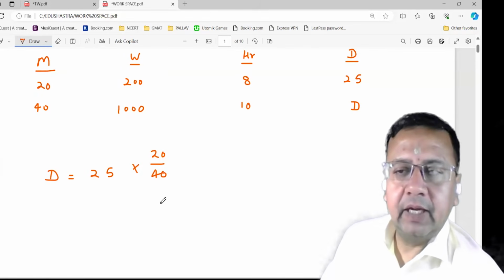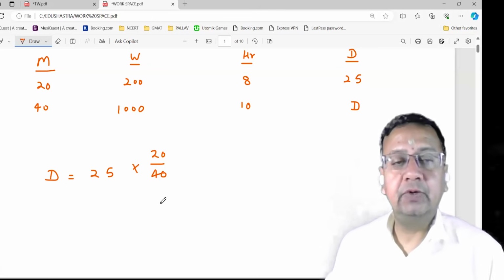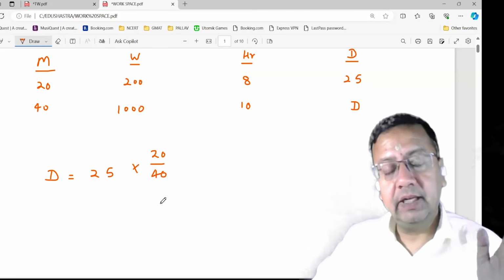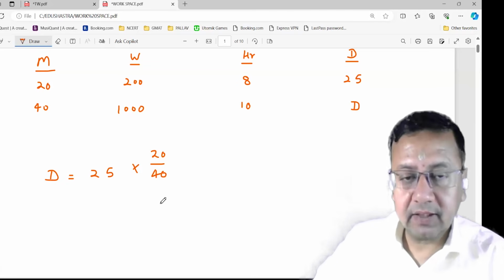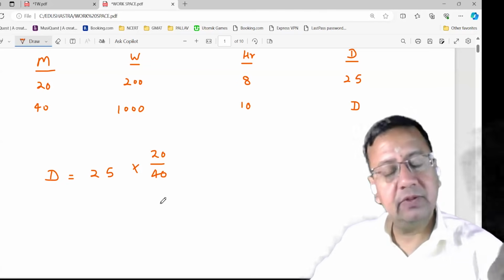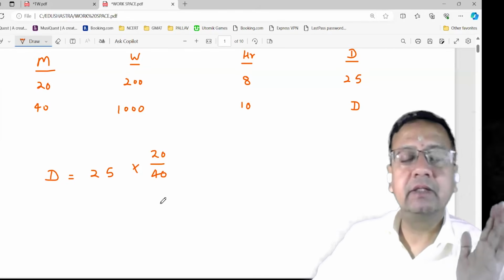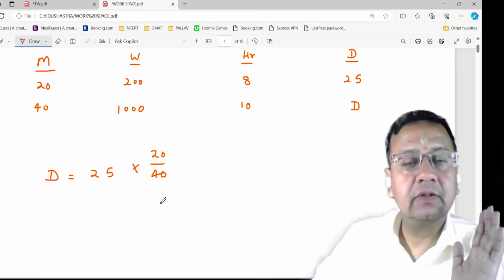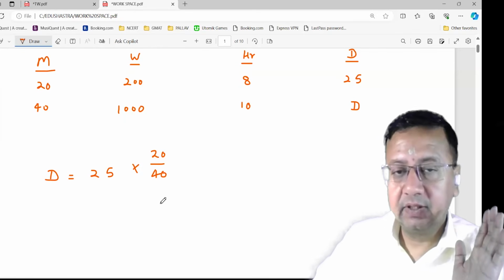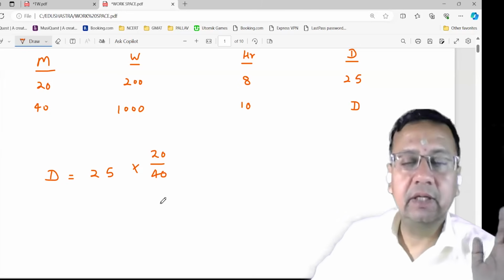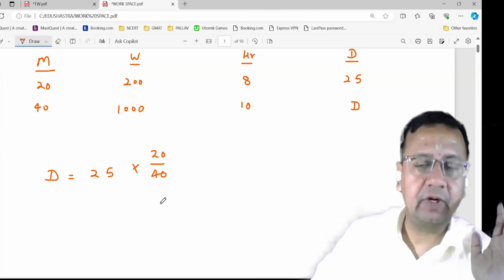If 20 men are finishing a work in 25 days, then 40 men will take a lesser number of days. So you have to reduce the 25. And how can you reduce? You can multiply this 25 by a smaller fraction. How to get it? The smaller is the numerator, the greater is the denominator. So this is 20 by 40.